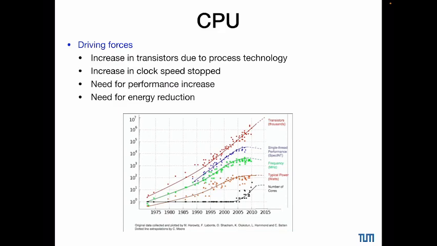You first have to provide the power to the chip, and then you have to get it out of the chip, so it's basically turned into heat, right? And so you have to efficiently cool the processor. Yeah, and due to that, they actually stopped increasing the frequency, and you can see that here in the green curve.